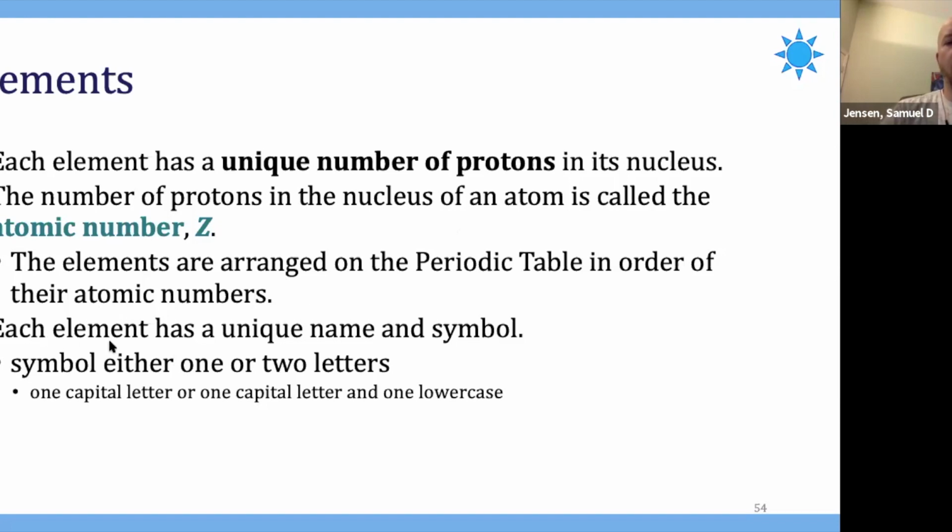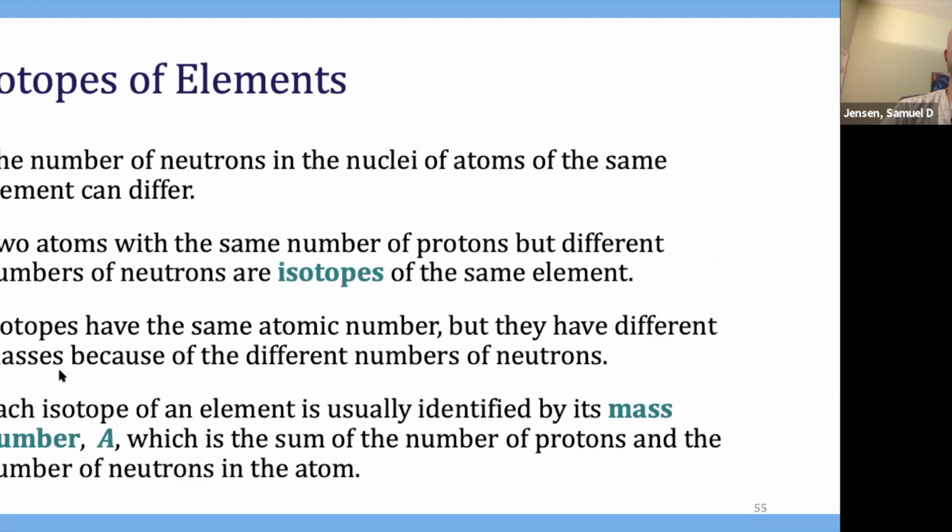So every element has a unique name or symbol, but every element can have different variations of neutrons. And when an element has a different number of neutrons, that changes its mass. And so what we end up with are isotopes that are the same element, but different mass.